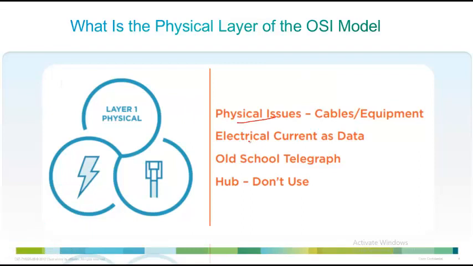Without the physical layer, our computer will not know from where the internet is coming. Our computer will not know to whom the packet needs to be sent if someone wants to use the internet.